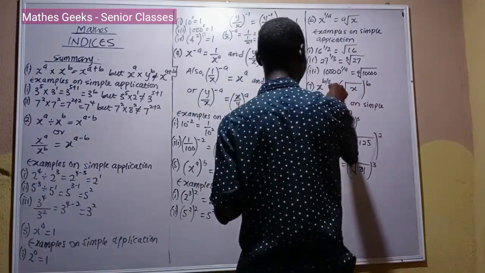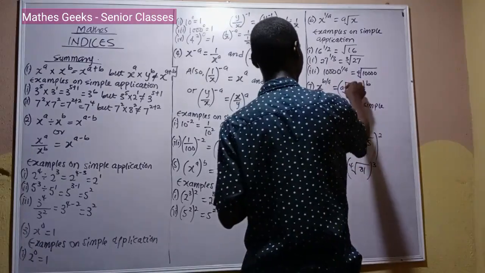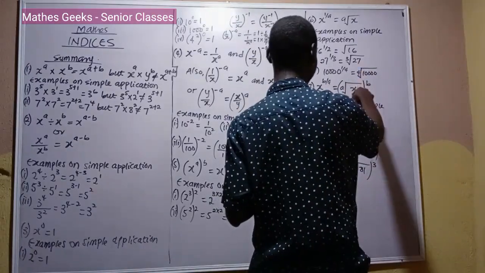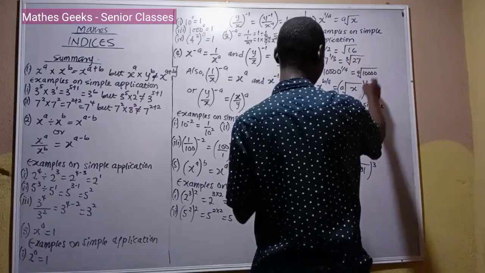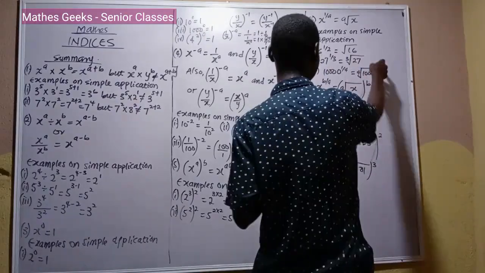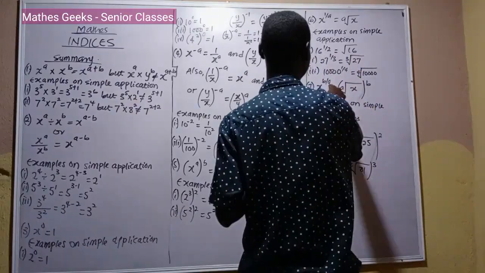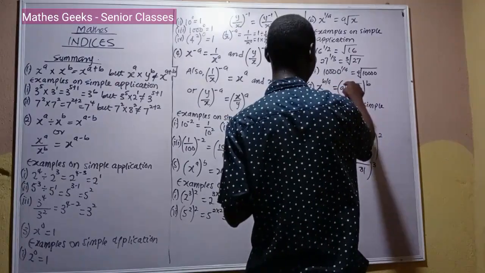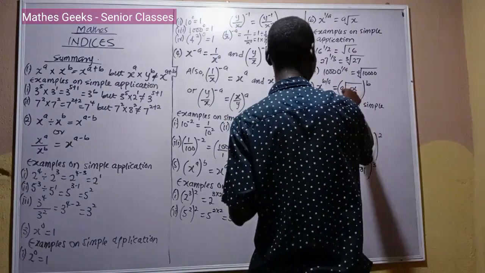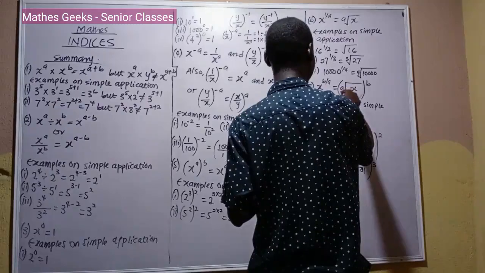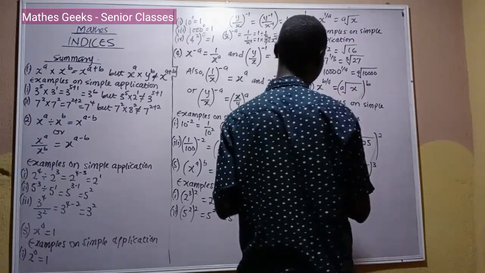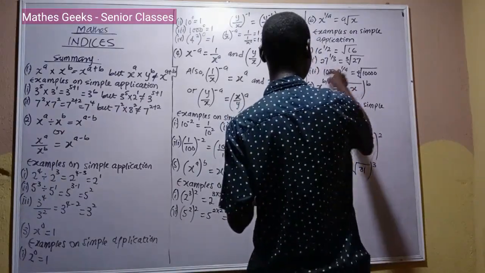The denominator of the fractional power will form the root of the base, then it will be raised to the numerator. So the a-th root of x, raised to power b.